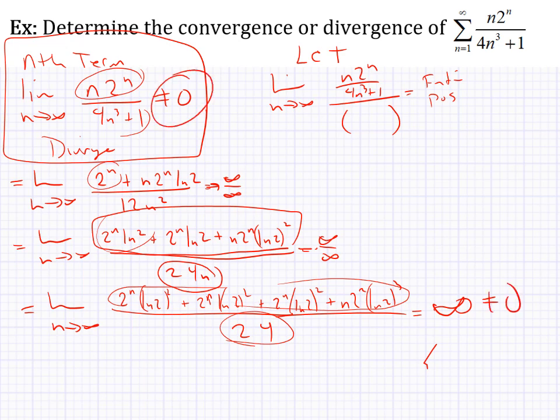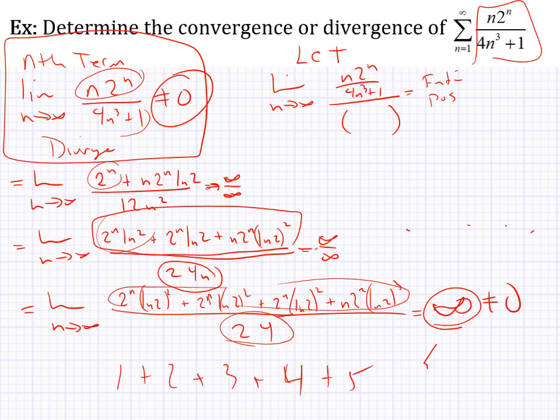Remember, the whole point is you're trying to not get 0. So what this tells me is that the terms themselves, the individual terms of this series, are going to infinity. The terms are getting bigger and bigger as I go. And there's no way that can converge if the terms are getting bigger. It's like saying 1 plus 2 plus 3 plus 4 plus 5.